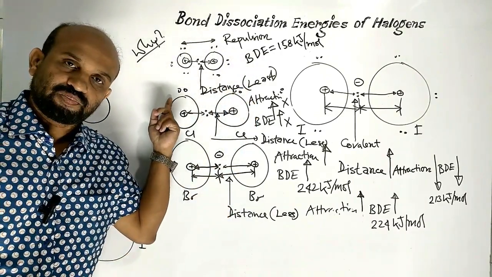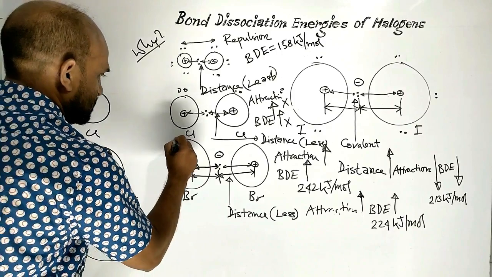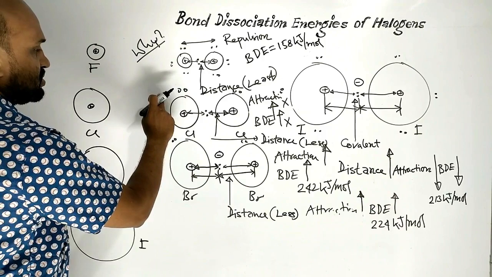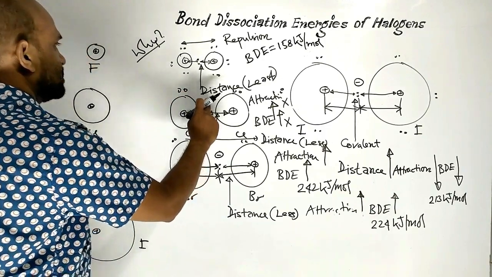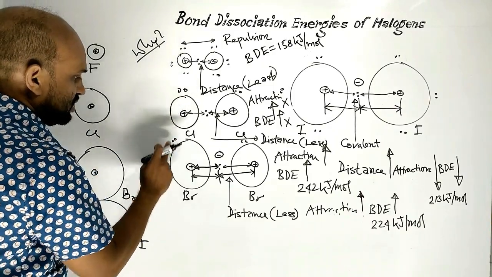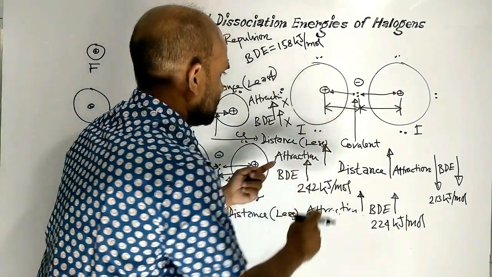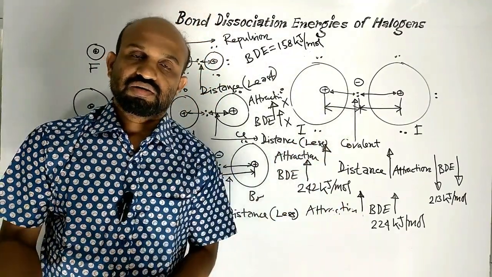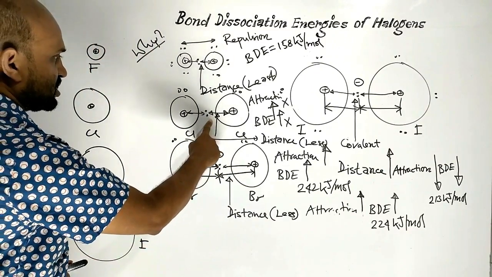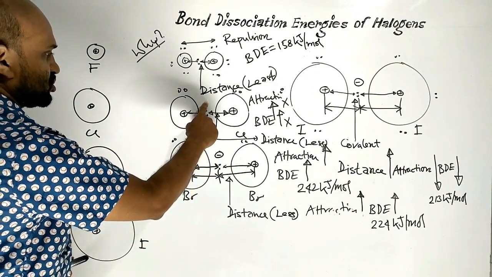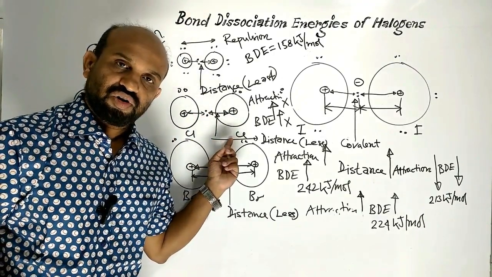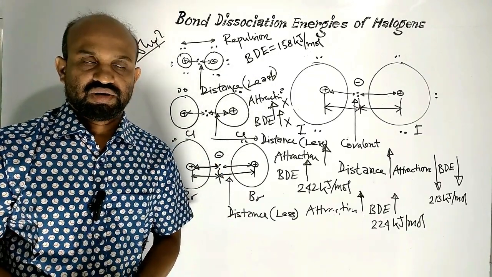In case of chlorine, lone pairs of electrons are present, but in this case, lone pairs of electrons remain at more distance compared to fluorine. That is why for chlorine, bromine and iodine, repulsion is not the key factor. In this case, attraction between covalently bonded electrons and nuclei is the key factor for chlorine, bromine and iodine.